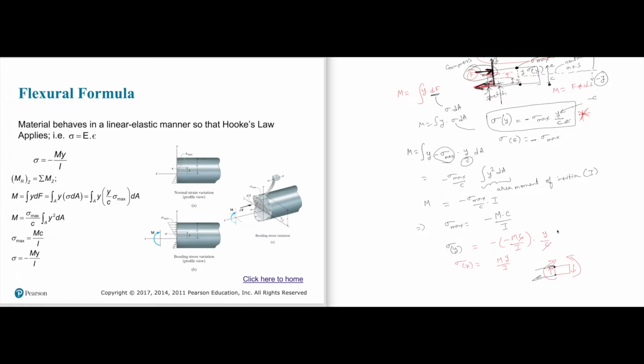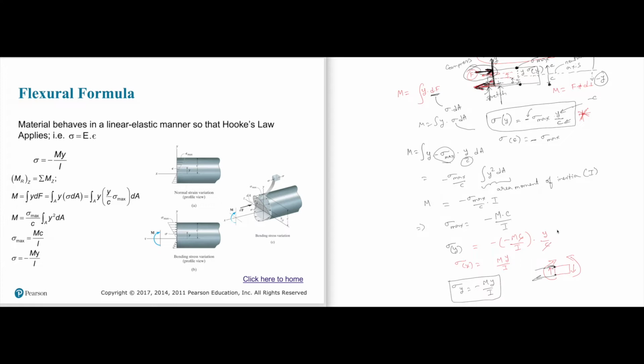We always use sigma y, we use a correction factor, negative my over I. So we write this negative as a correction factor. So this negative here as the correction factor. Okay.